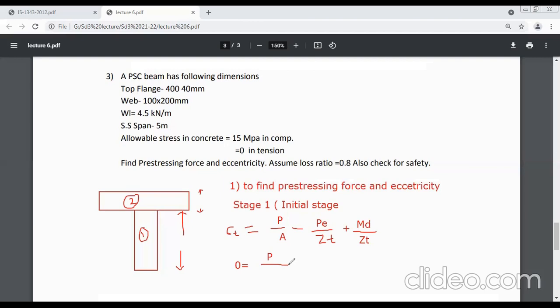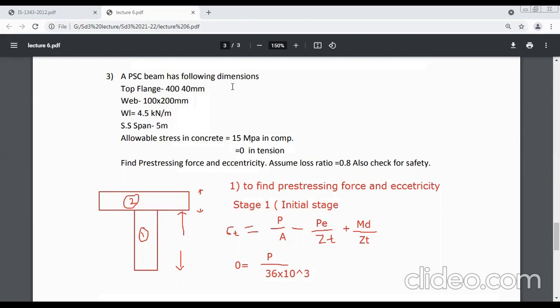Put all these values here. The cross-sectional area of the beam we calculated is 36 into 10 raised to the power 3.